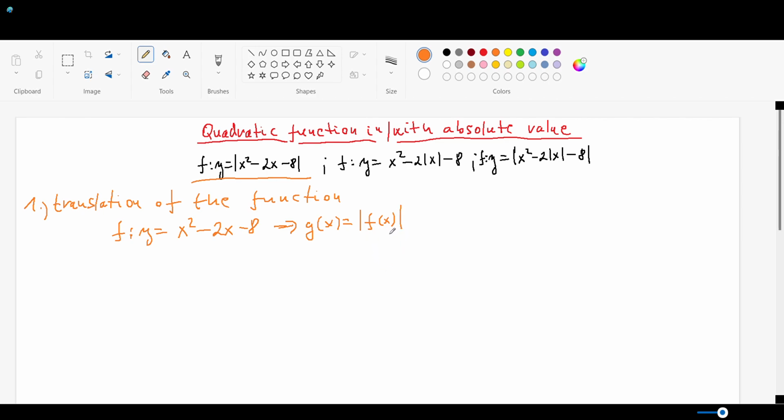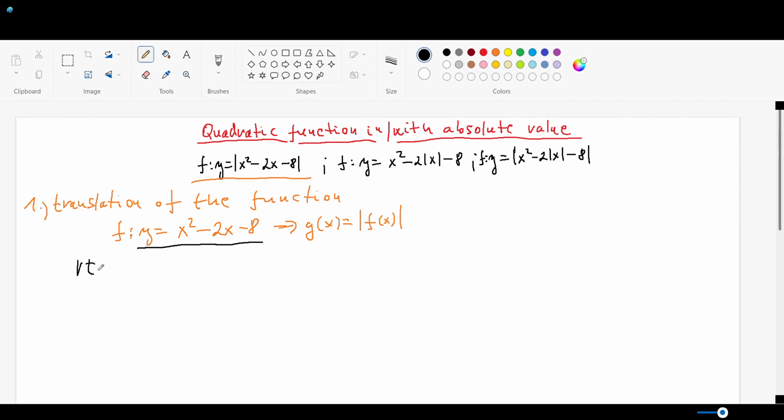So to do so and to use the translation of this function, we want to sketch the graph of the function without the absolute value, and for doing so we need 4 points if they exist.